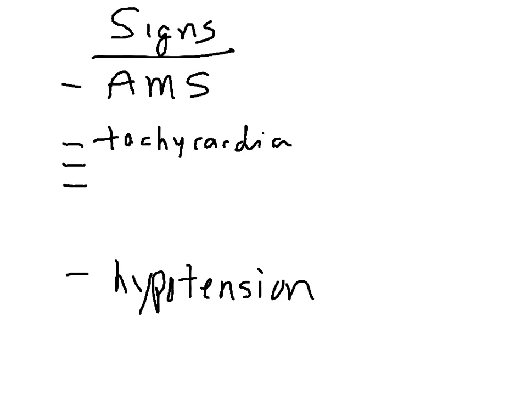Now, if the whole goal here is not just to deliver blood to the tissues, but to deliver blood packing a bunch of oxygen to the tissues, where else would the brain go for some help when it senses shock? So it's cranked the pump up, but we need to crank the respiratory rate up also in order to bring in more oxygen to load onto that blood to circulate around.